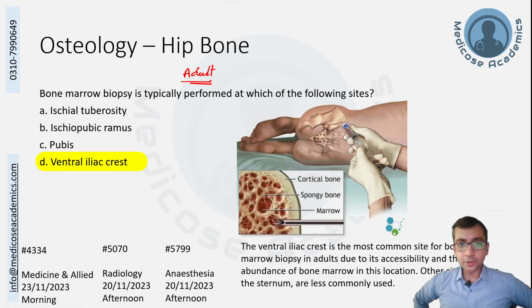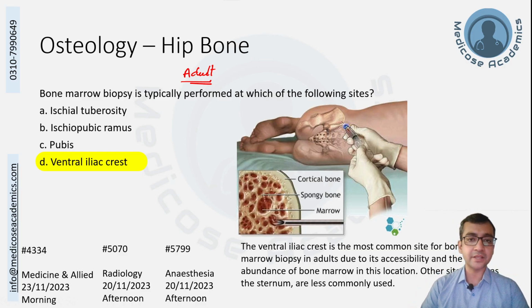If you palpate on the lateral aspect of your torso, at the lower end you will find the iliac crest. You can palpate it as it is lying just beneath the skin. So it's a very superficial structure, and it has bone marrow till very advanced age. So that is the correct answer, the iliac crest.